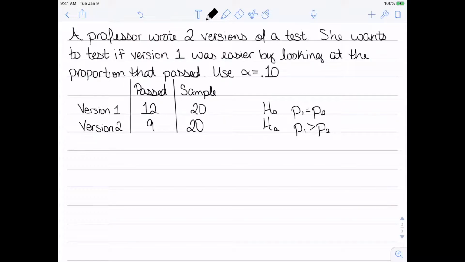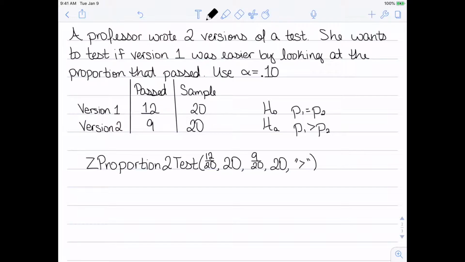And for this, we're going to need to use the z proportion 2 test. The first thing we need is information about our first sample. So we had 12 out of 20 pass and a sample size of 20. For our second sample, we had 9 out of 20 pass. And then our tail is greater than. And just a reminder that we do need that greater than symbol in quotation marks.